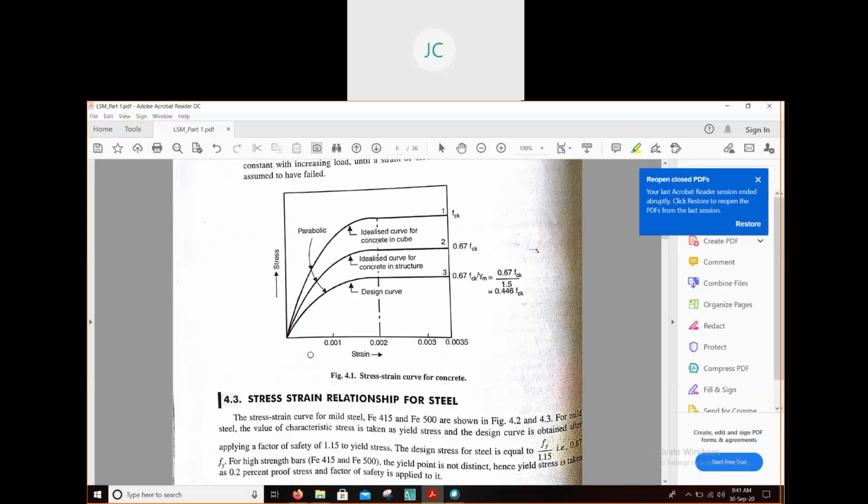So see, the stress strain curve for steel. What is the shape of the initial portion? It means at this point your stress is zero.